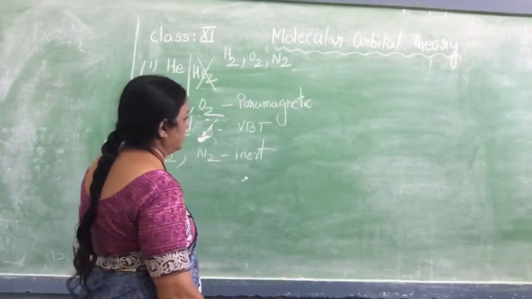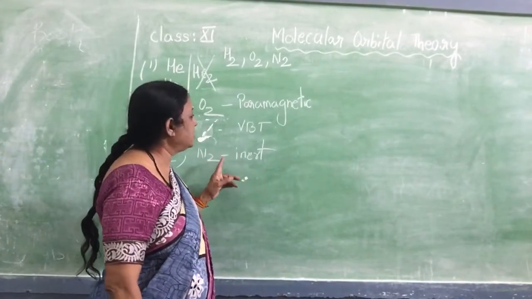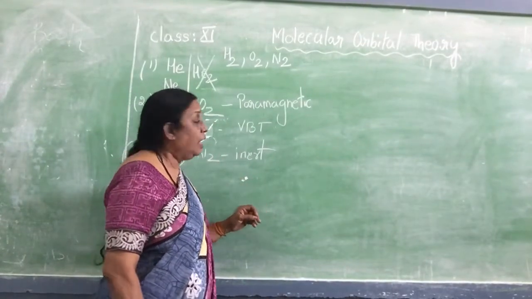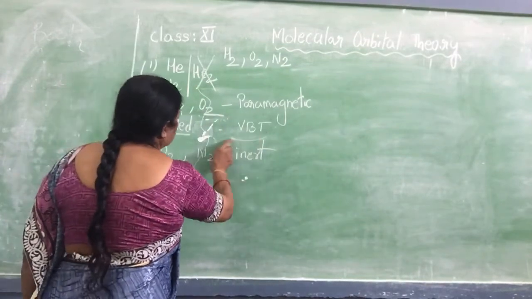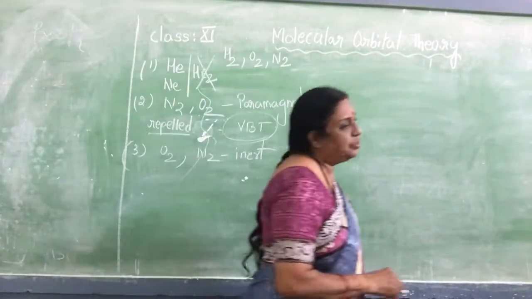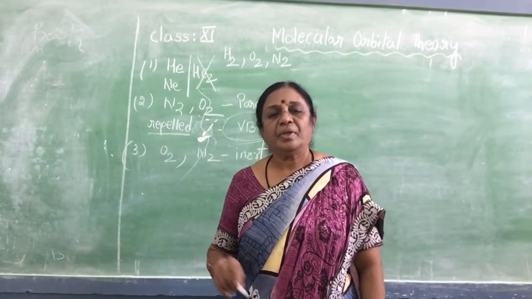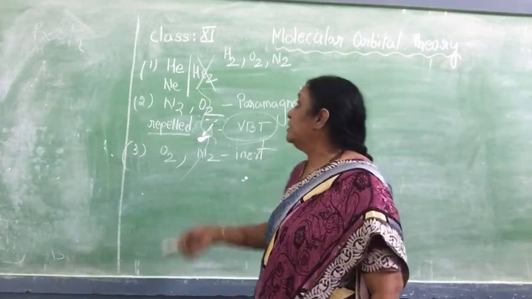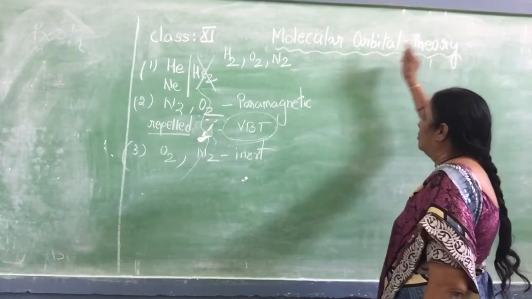So what is the reason? This is also a drawback of the valency bond theory. So these three are the questions which were not answered by valency bond theory. Therefore, scientists introduced a new theory which is known as molecular orbital theory.